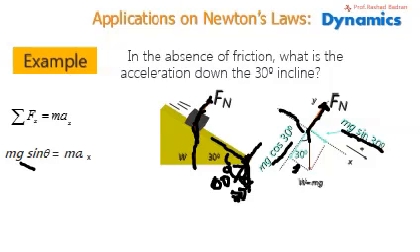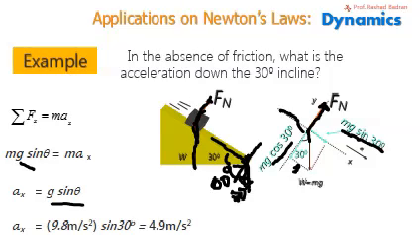So in this case, mg sine theta equals m times ax, and we can get the acceleration as g sine theta. By inserting the value of theta of 30 degrees and acceleration due to gravity, you're going to get the acceleration of the block as 4.9 meters per second squared.